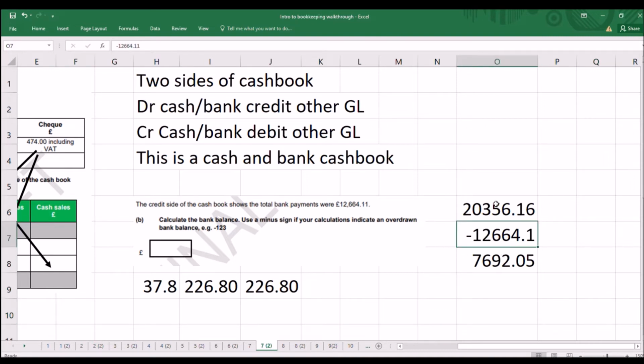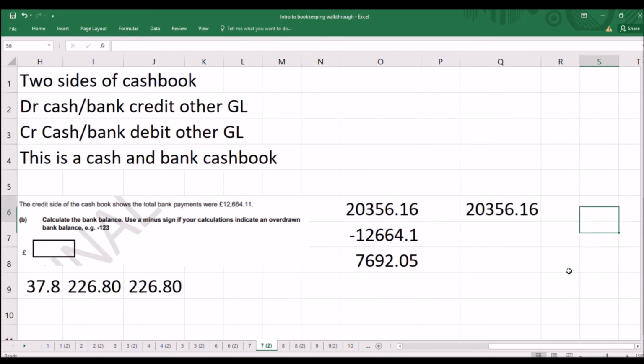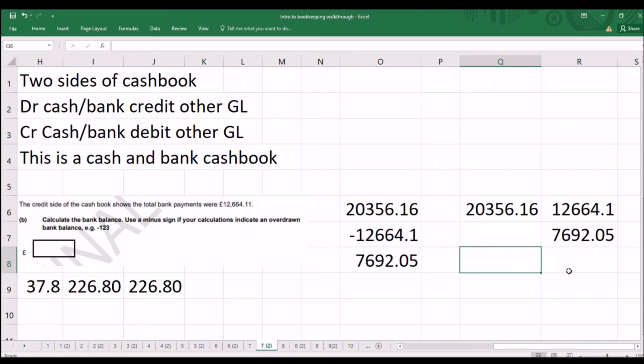No, you can't. I've done this in accounting convention really here, but I'll now show you next to it what it would look like in a T account. There's the debit side. Here's the credit side. This will be the carried down figure. Add them both together.